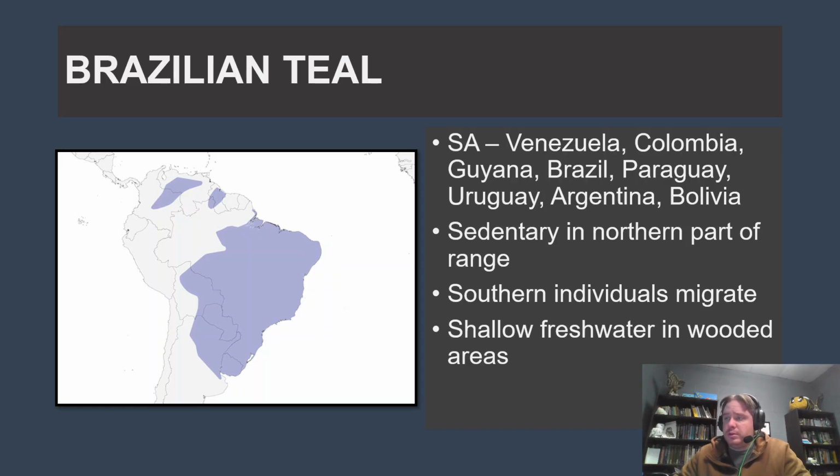Those two subspecies can be told apart by their physical size. The individuals in the southern range here are much larger, so the ipecutiri subspecies is much larger than brasiliensis is.